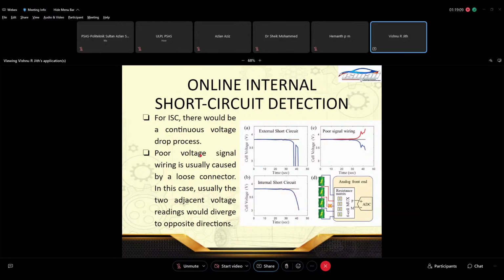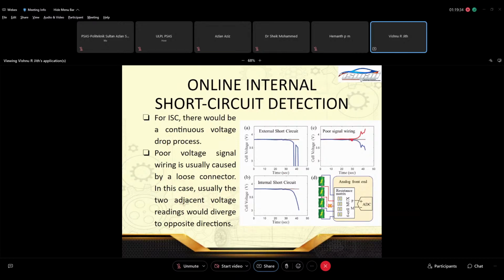And the poor voltage signal wiring is usually caused by a loose connection. As you can see, the contact is a loose connection, actually a floating point, because of the poor wiring connections. The voltage nature will be as in the third graph.